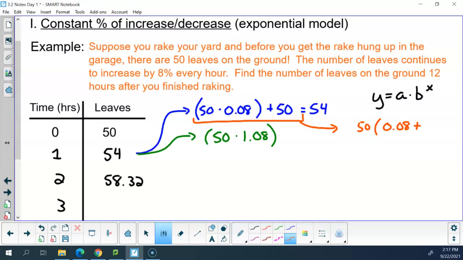Nope. If I factor a 50 out, 1. What's 0.08 plus 1? 1.08. Okay. Single step shopping as opposed to multiple step shopping.